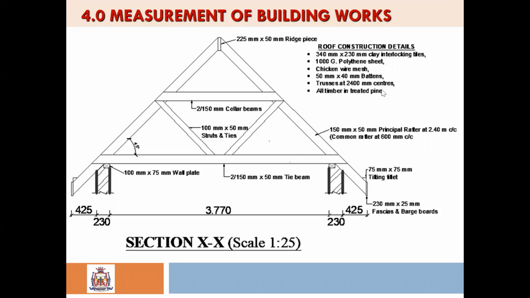Those who have been at the site, you know, we put a polythene sheet, and then we also put chicken wire mesh, and then we put the battens. The battens are 50 by 40 millimeters, and the trusses are spaced at 2.4 meter centers. All timber is treated pine.